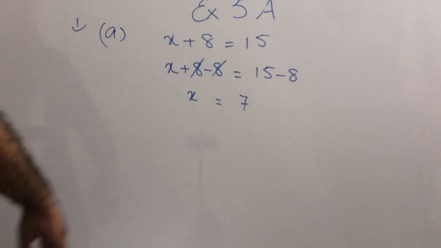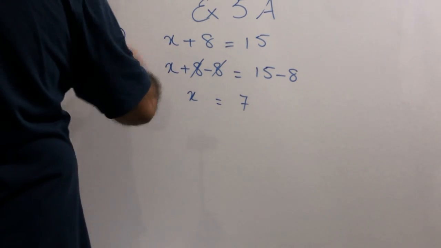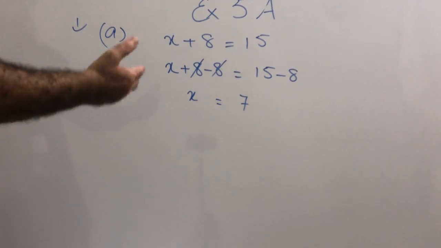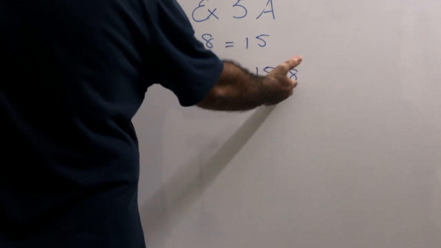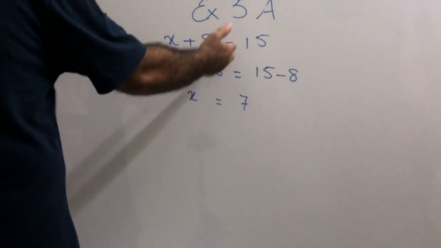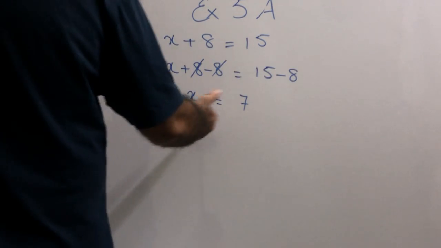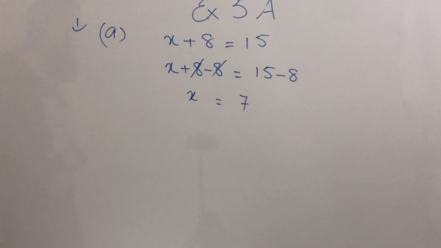We found that we don't need this plus 8 with x, so we did the reverse or opposite operation on both sides of the equation. We did minus 8 here and minus 8 here. So these were cancelled. So x is equal to 15 minus 8, which is 7. So 7 is the value of x.